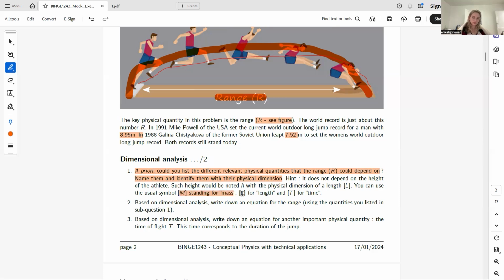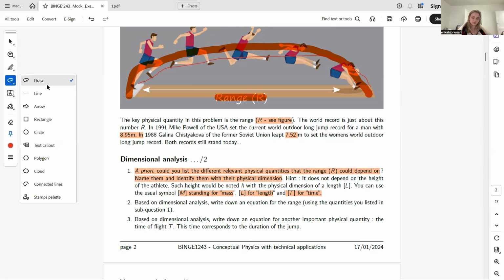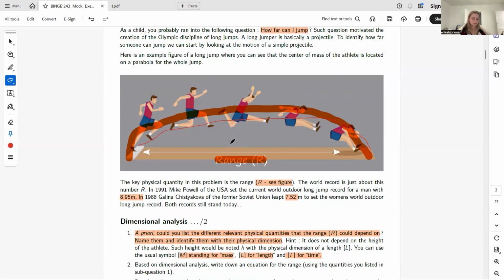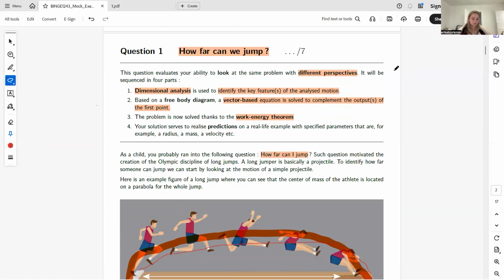These are basic information that we already know: length for L and time for T. So first of all, we need to consider that range itself is a length, horizontal length, and possibly it can depend on the initial speed. The first factor we can write here is initial speed, on which it can depend. Speed v naught, initial speed.